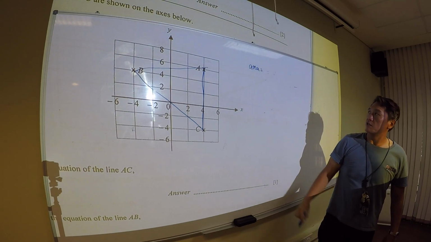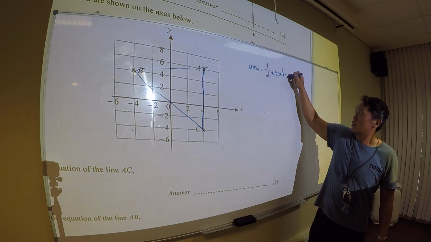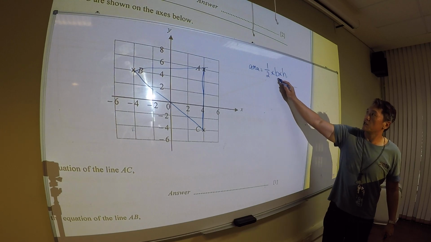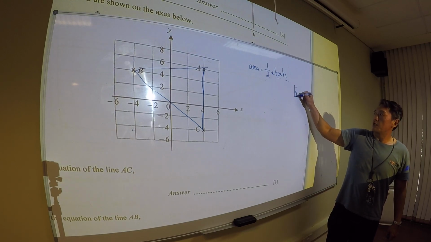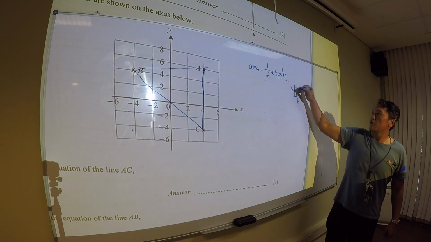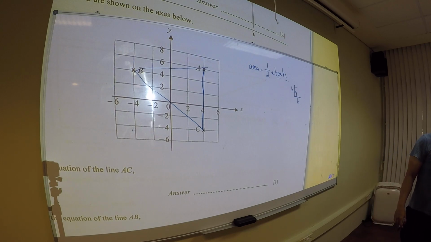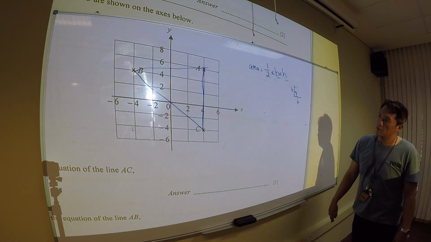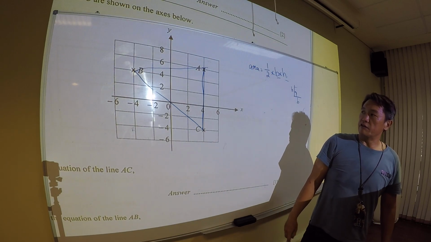Area of a triangle is always half times base times height. What is important is that your base and your height are 90 degrees apart. And x and y is always 90 degrees apart.